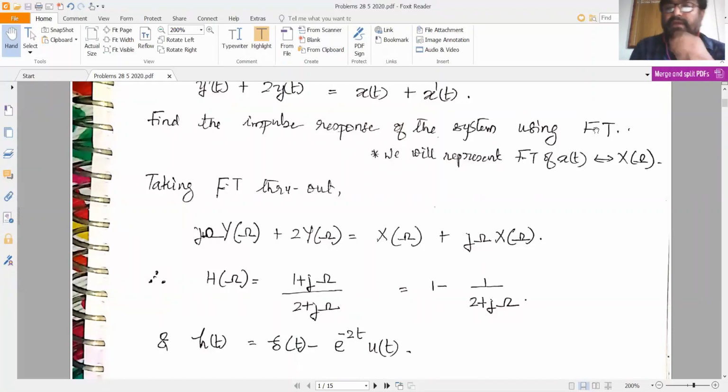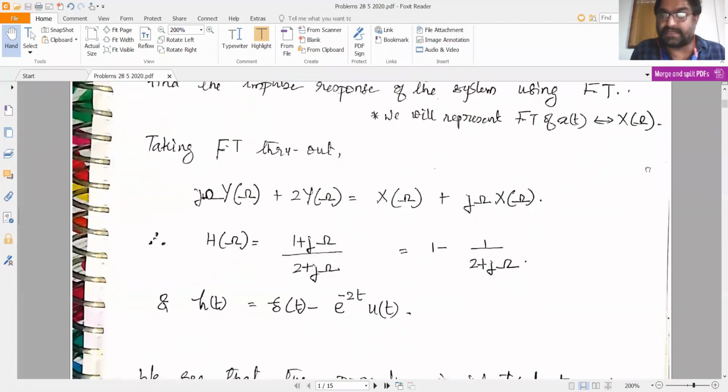So capital omega, as noted here, will refer to a continuous frequency. Earlier I had represented the Fourier transform of x of t as x of j omega. The spectrum was represented as x of j omega. So for ease of notation, I have dropped that j symbol and I will represent the Fourier transform of x of t as just x of omega.